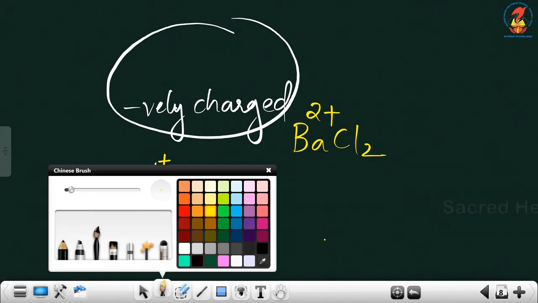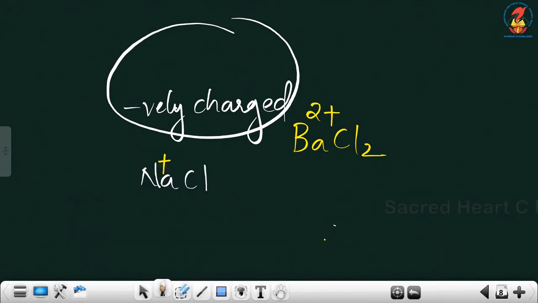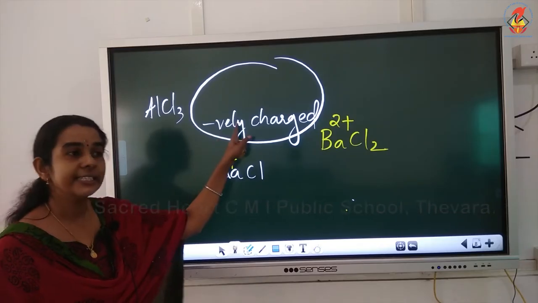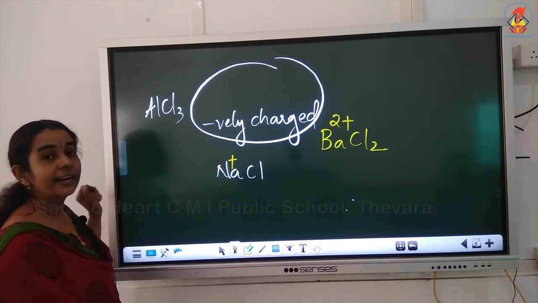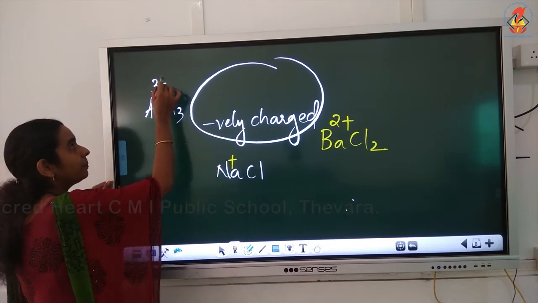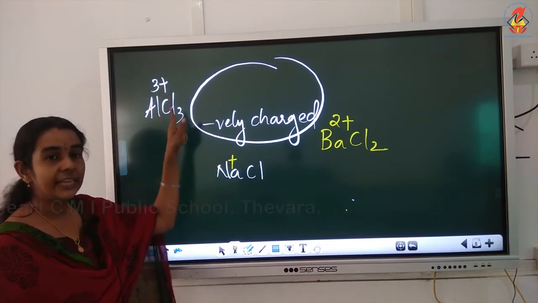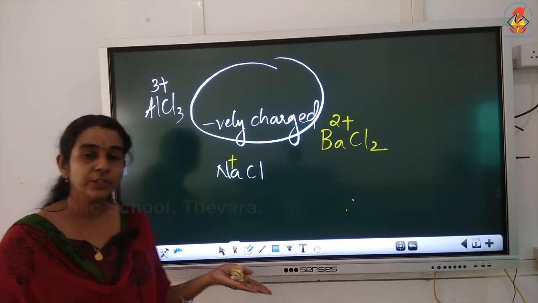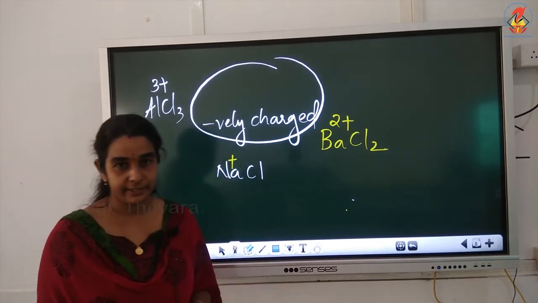Now, if I add aluminum chloride to this negatively charged colloid, what will happen? The negative colloid will attract the Al3+ ions from the electrolyte, and it will be neutralized and coagulated.